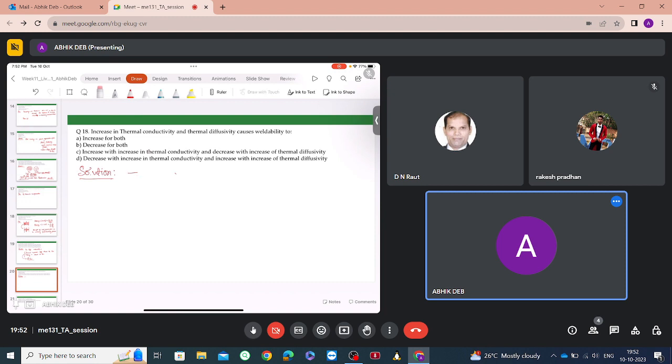So with increase in thermal conductivity, weldability decreases, right? Is it clear why?